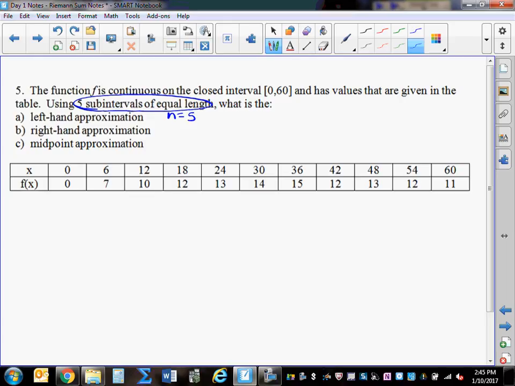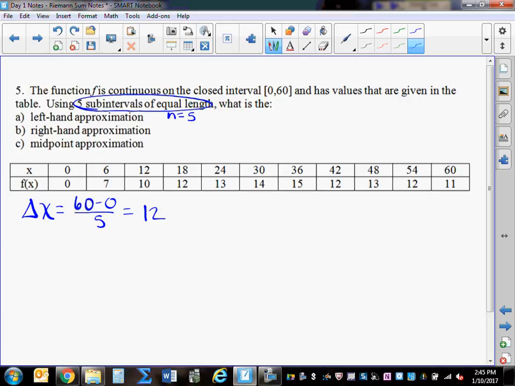So if I were to go ahead and do my delta x here, it'd be 60 minus 0 divided by 5, which gives me intervals of what? 12. Okay. So you can go ahead and draw out your number line, but they already gave us the numbers here, right?